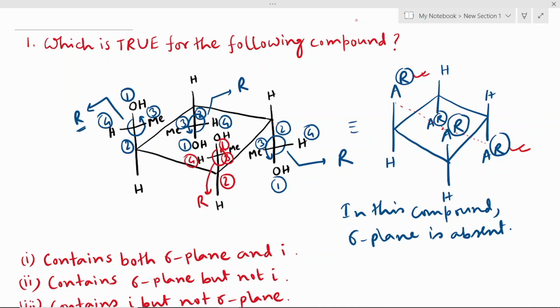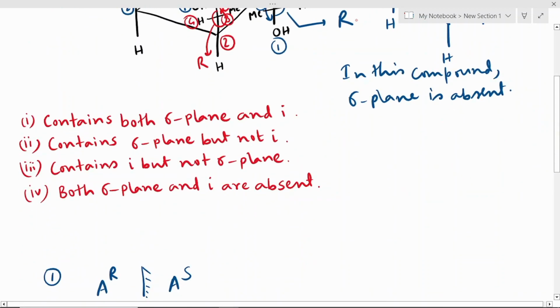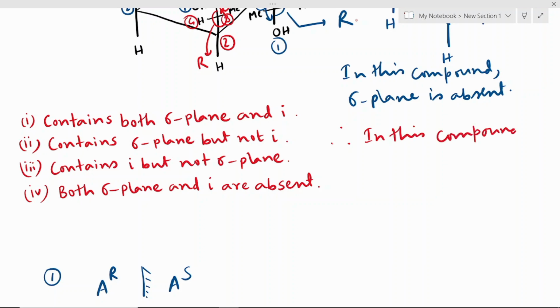Also here is R and here is R, so it is also absent.